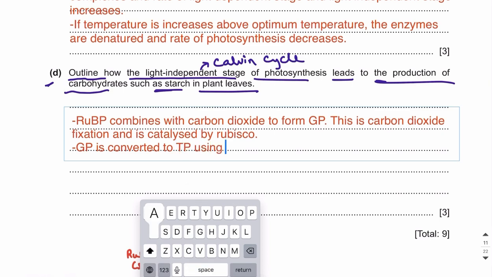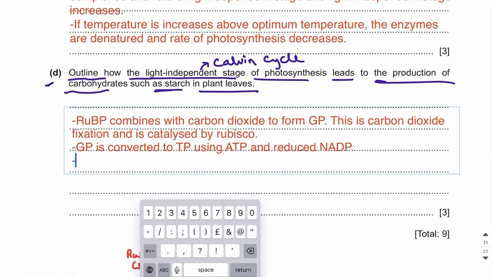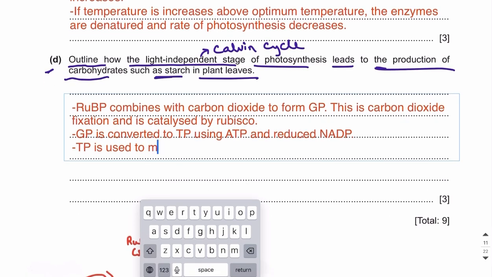GP is converted to TP using ATP and reduced NADP, right? What happens next is that TP is used to make glucose, and glucose is used to make starch.